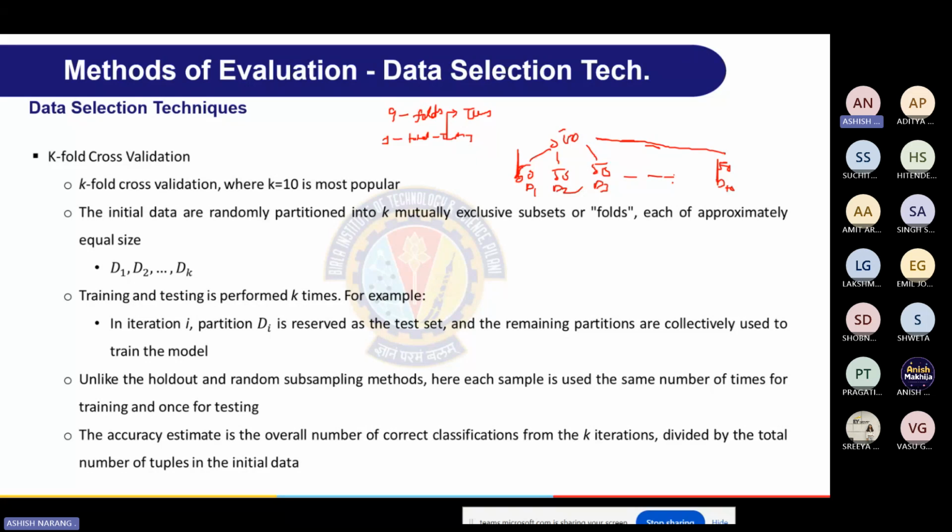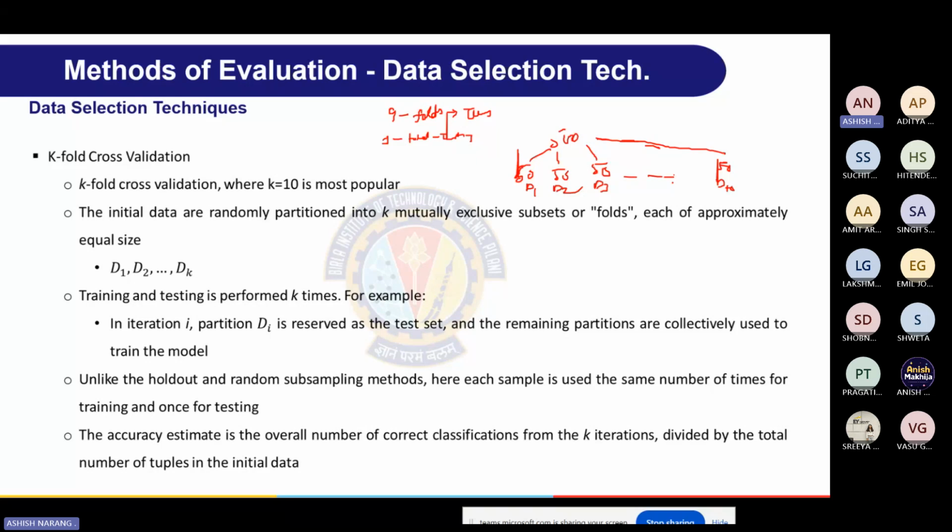So each and every record will get a chance to become training data, and each and every record will also get a chance to become test data. So there will not be a substantial difference as such, but over a period of time these parameters will improve as you have these folds.